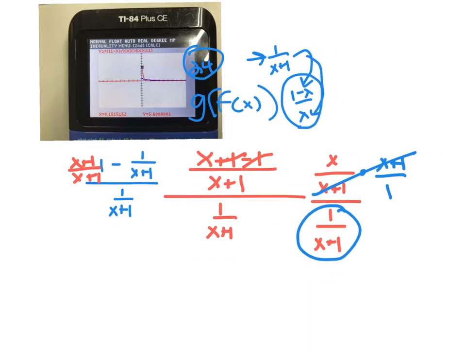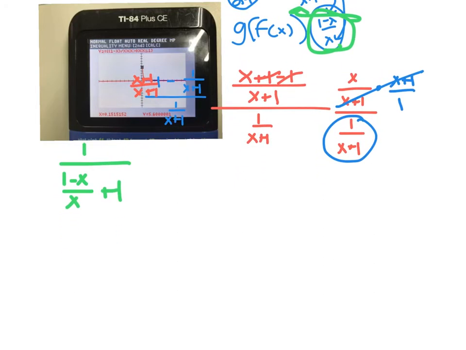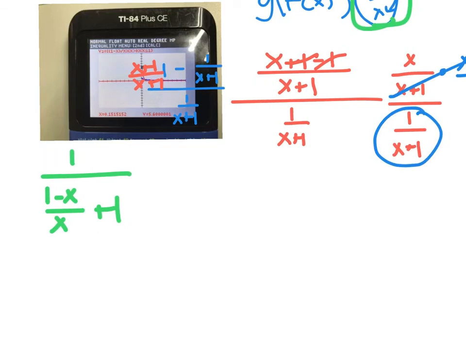So then the other way around is taking this and plugging it in there, right? So 1 over 1 minus x over x plus 1. Now the fraction's in the denominator, right? So I've got to change the 1 in the denominator so that it's something over x, which would be x over x.